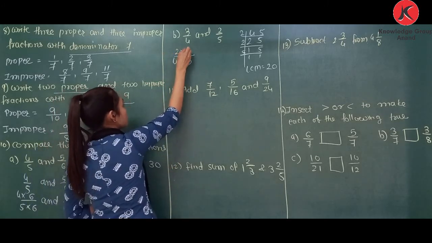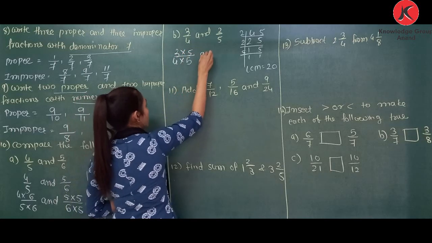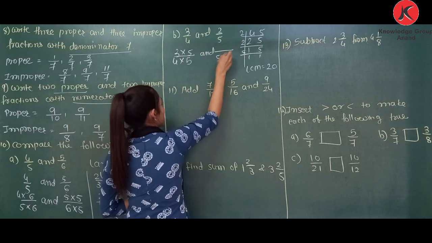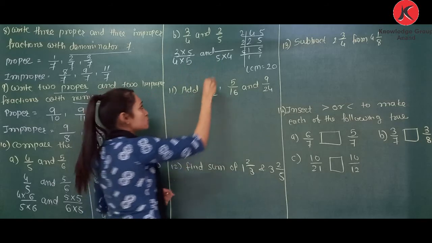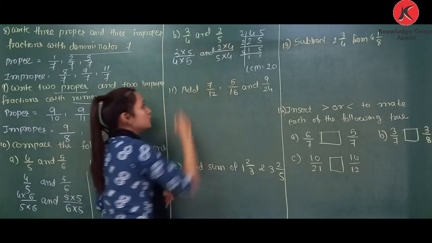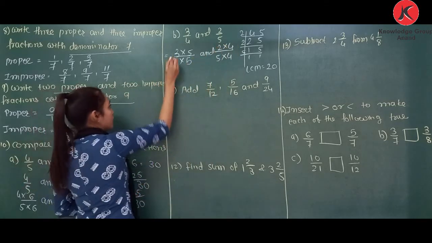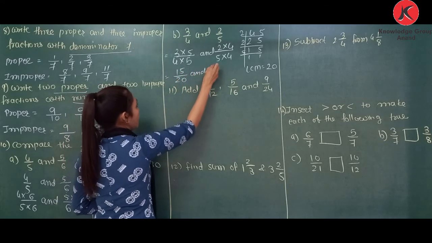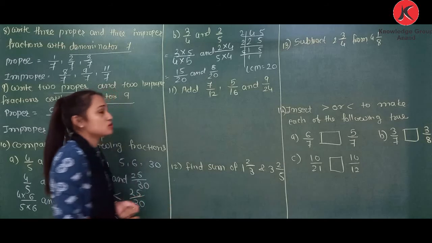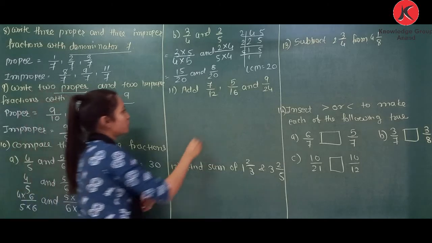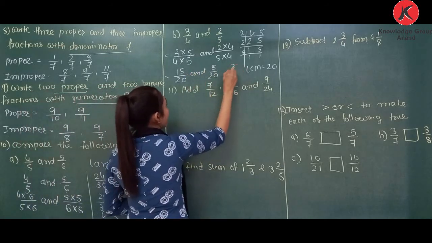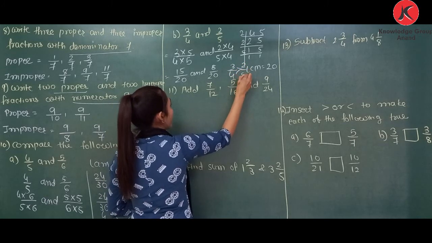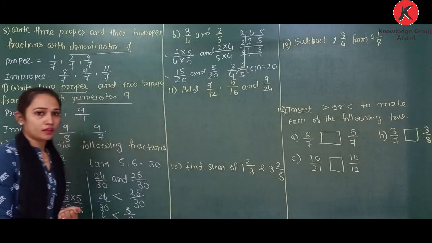So the same number we should multiply in the numerator. And here 5 is multiplied with 4, so the same number we should multiply in the numerator. Now it is 15 by 20 and 8 by 20. Now which one is greater? 15 by 20 is greater. So we can write 3 by 4 is greater than 2 by 5.